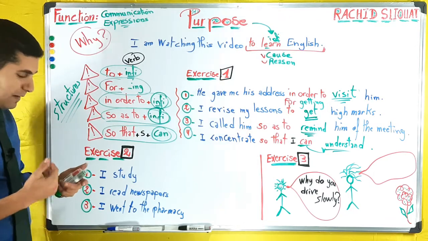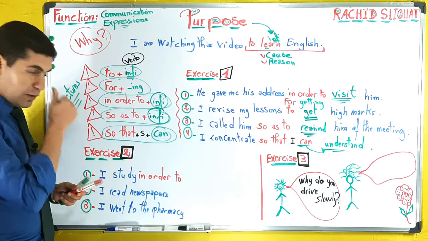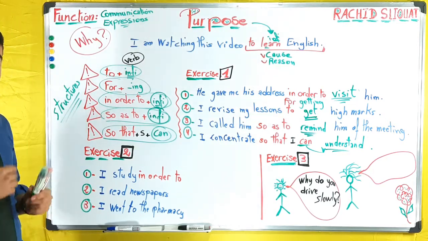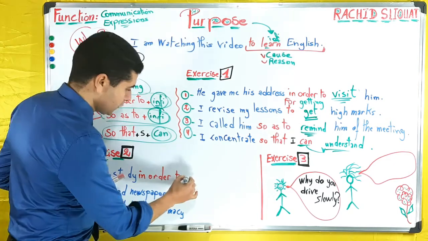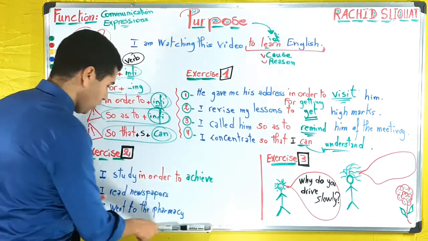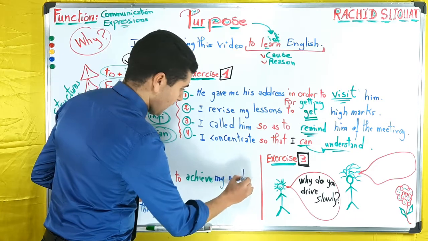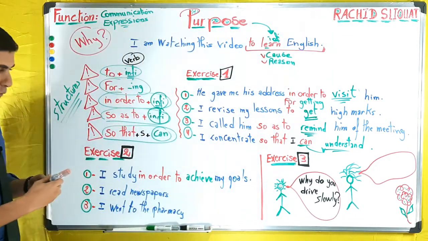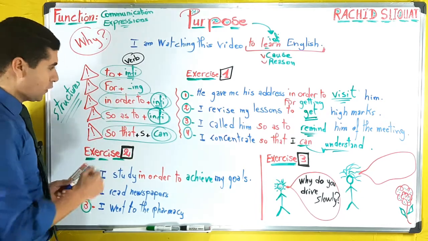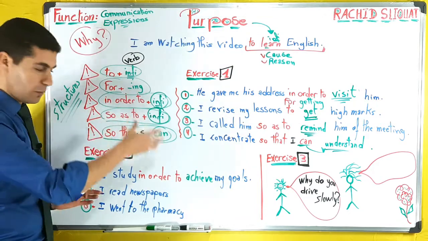We can say I study in order to work, in order to learn, in order to achieve my goals. Or I study for achieving my goals, or I study to achieve my goals. All these expressions can be used here, okay?